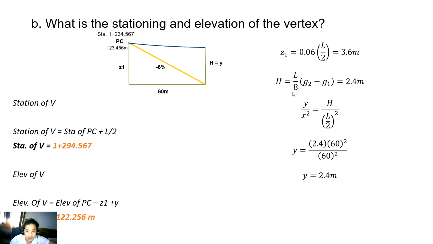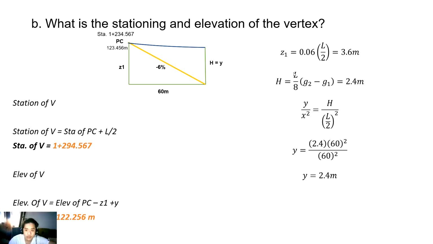Para naman sa H, ang formula na gagamitin natin ay L over 8 times G2 minus G1 equals 2.4 meters. So, paano nakuha yung 2.4? So, again, H equals L over 8 times G2 minus G1.